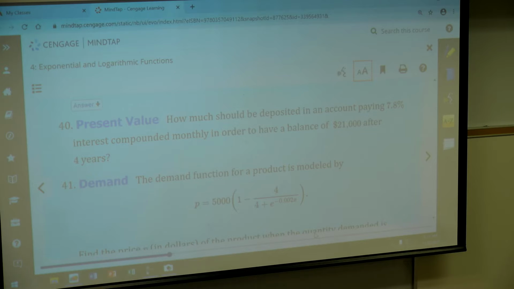I'll do number 40. How much money should be deposited in an account paying 7.8% interest, compounded monthly, in order to have a balance of $21,000 after 4 years?